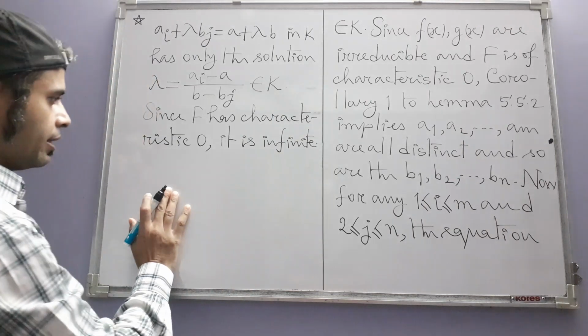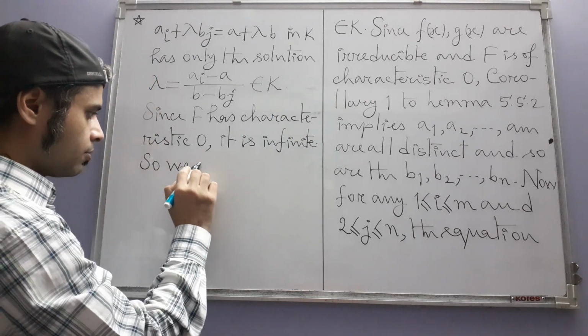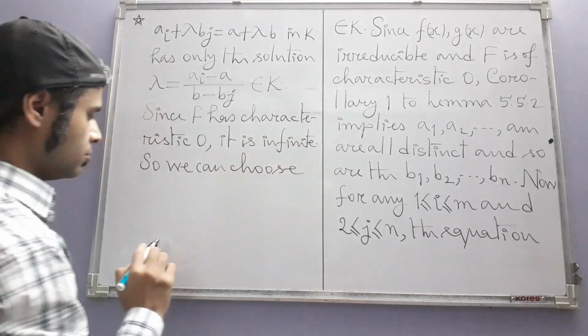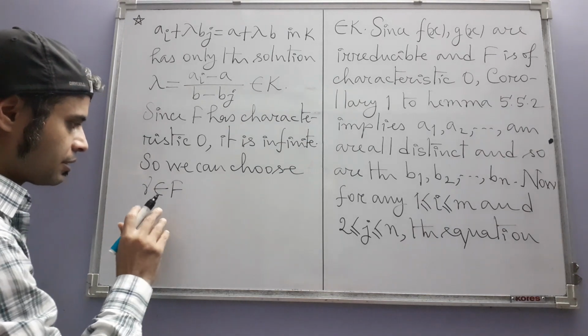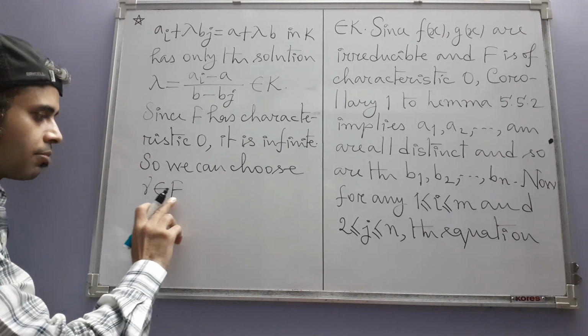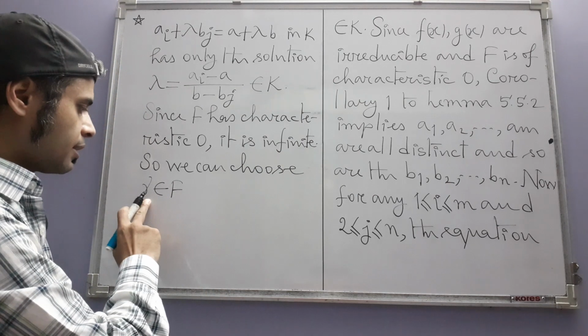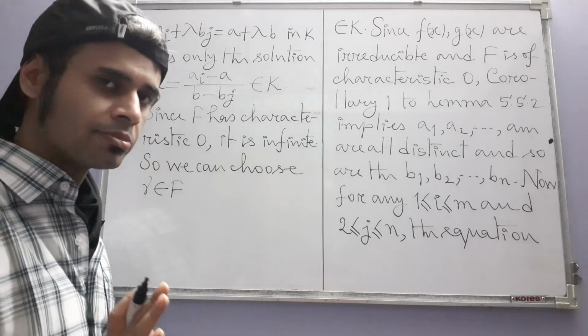And so we write, so we can choose gamma in F. If you are still a little bit uncomfortable about our choice of gamma from F, just consider that F is inside K, so ultimately we are choosing gamma from K itself.